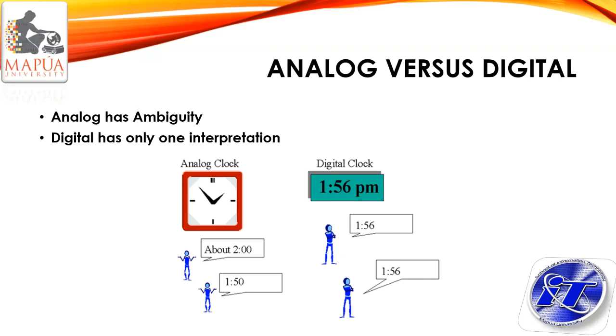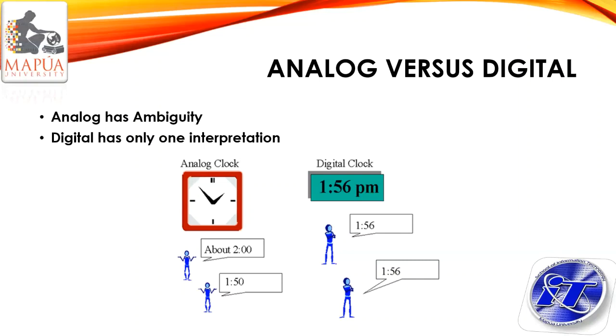For example, it's about 2, 150, 154. So there's no exact value. While in digital clock, since we have an exact value, any person that is going to read the device, the clock, will give us the same reading. Everyone will have the same reading in digital, while for analog, it's ambiguous. It could change from one person to another person.